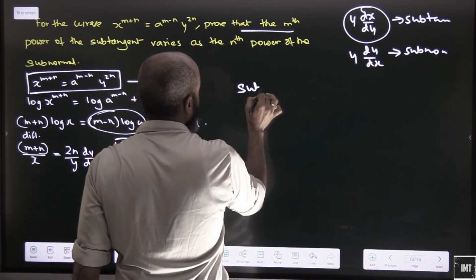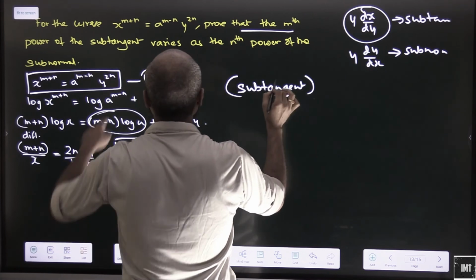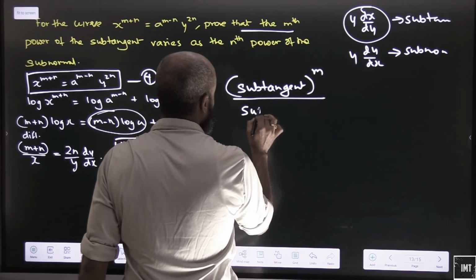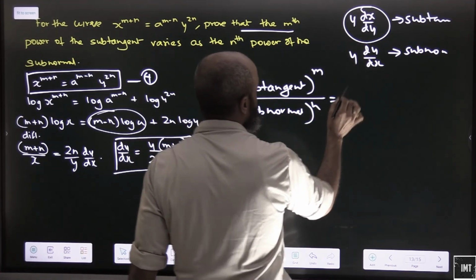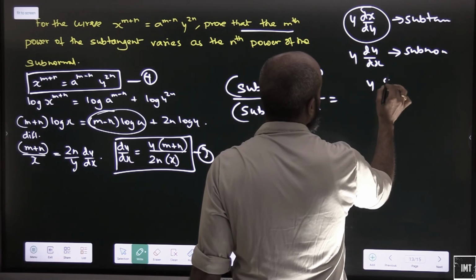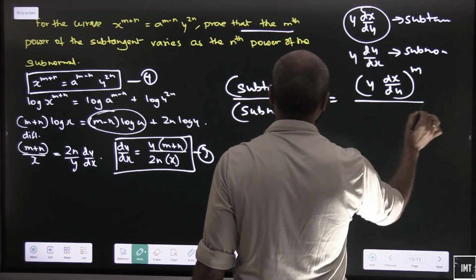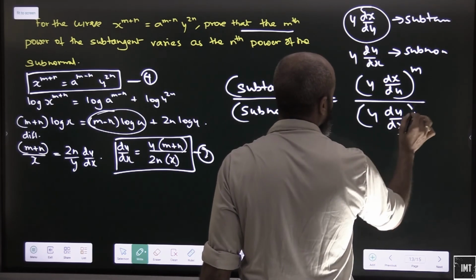So let's say prove that the mth power of subtangent upon the nth power of subnormal. This will be equal to what? y dx by dy to the power of m, and here it will be y dy by dx to the power of n.